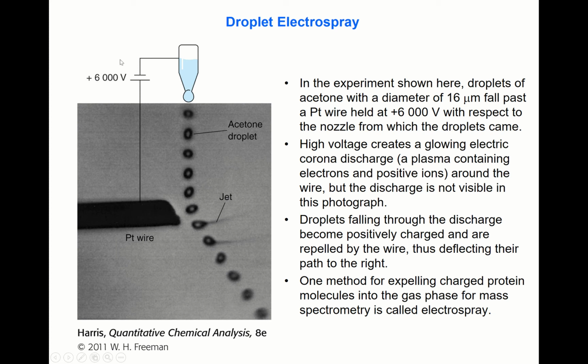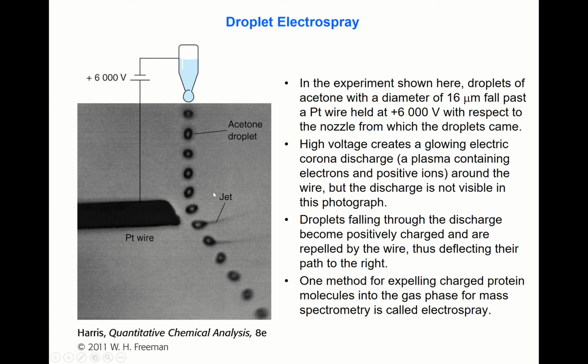Under this high voltage, these acetone droplets are now positively charged. The high voltage creates a glowing electric corona discharge. Under this very high potential difference, plasma is produced.